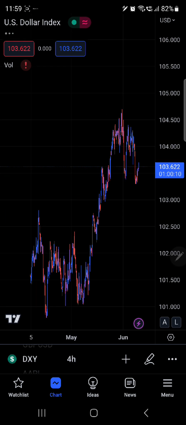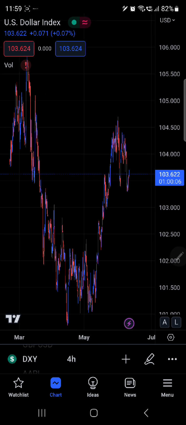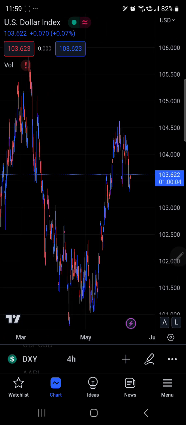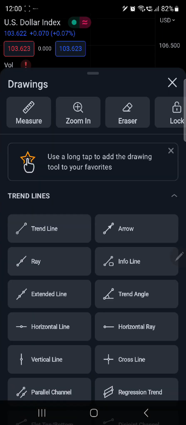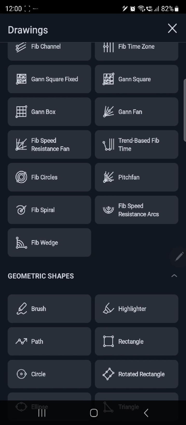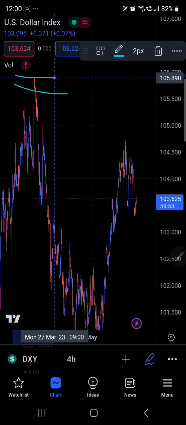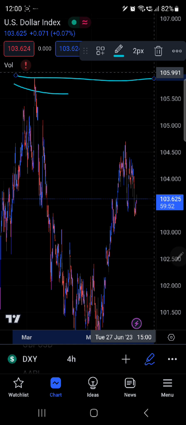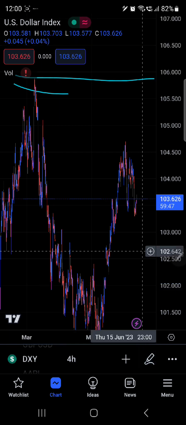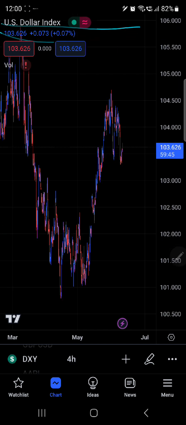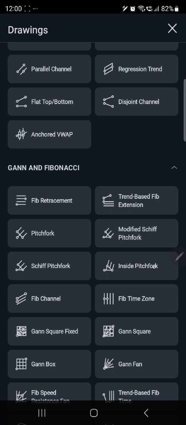If you guys can see right here on the smaller picture, the US is attempting to go up. I say it's attempting, not to say for sure. It's just attempting to go there. And then there is a support. We just take the support which is very near to there.